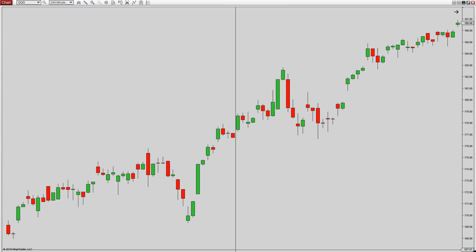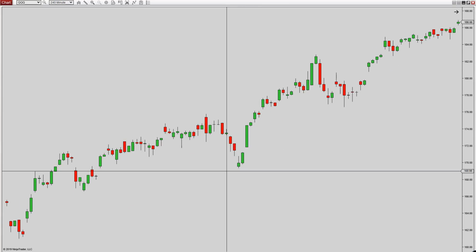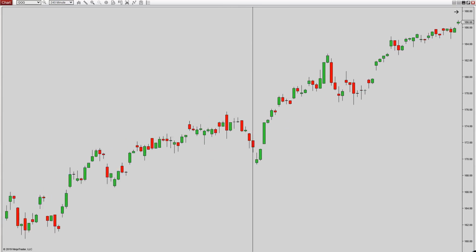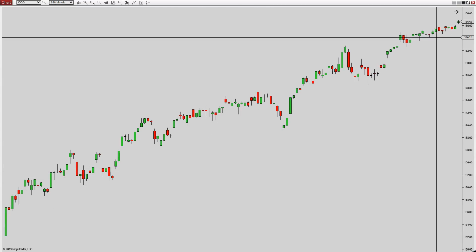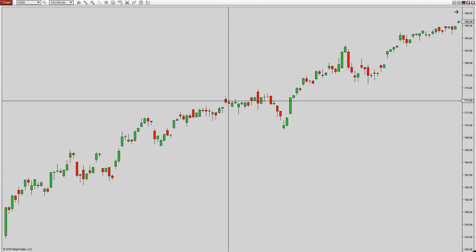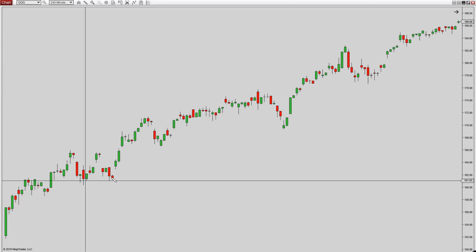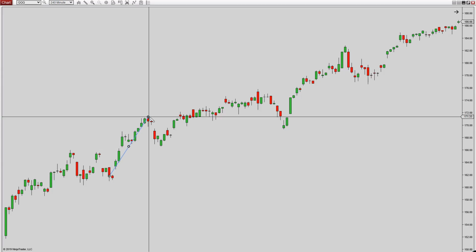So first and foremost, guys, let's talk about market structure. Market structure in its most simplistic form. Now, this is kind of a perfect chart, right? Perfect uptrend. We're not going to see that very often, but a market structure really is just a thrust where we have a higher high.